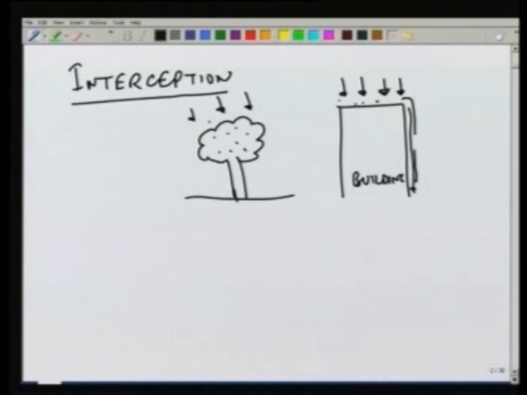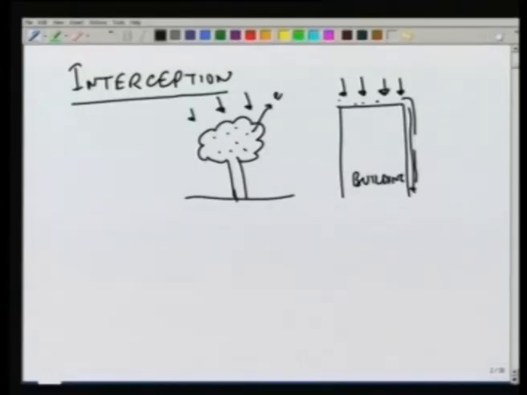and that will be called interception. Out of this interception, there will be evaporation. Similarly, from the rooftop, there will be some evaporation. From the rooftop, water may go through the drain and ultimately reach the ground surface. Similarly, from the tree also, some water may fall down out of the intercepted water.